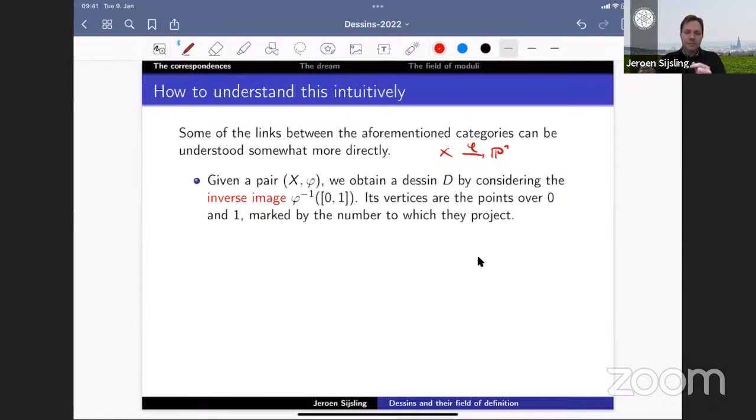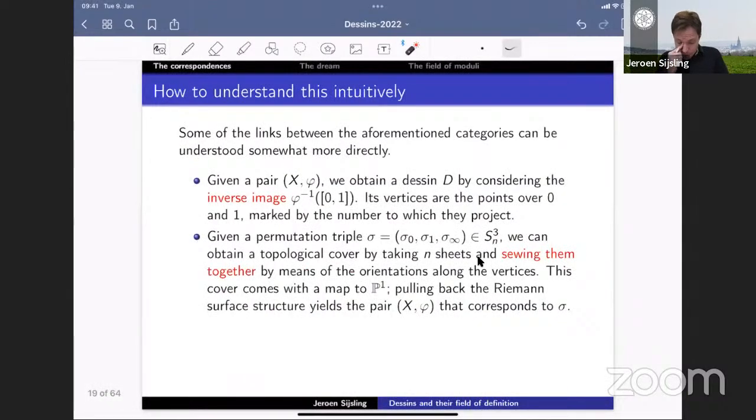And since the points 0 and 1 may ramify, you get these possible multiple edges that meet at those points. That's how it works. You just mark the vertices of this inverse image by the points above which they are, 0 and 1, the number to which they project. So that is one thing, and that makes it already quite a bit more intuitive.